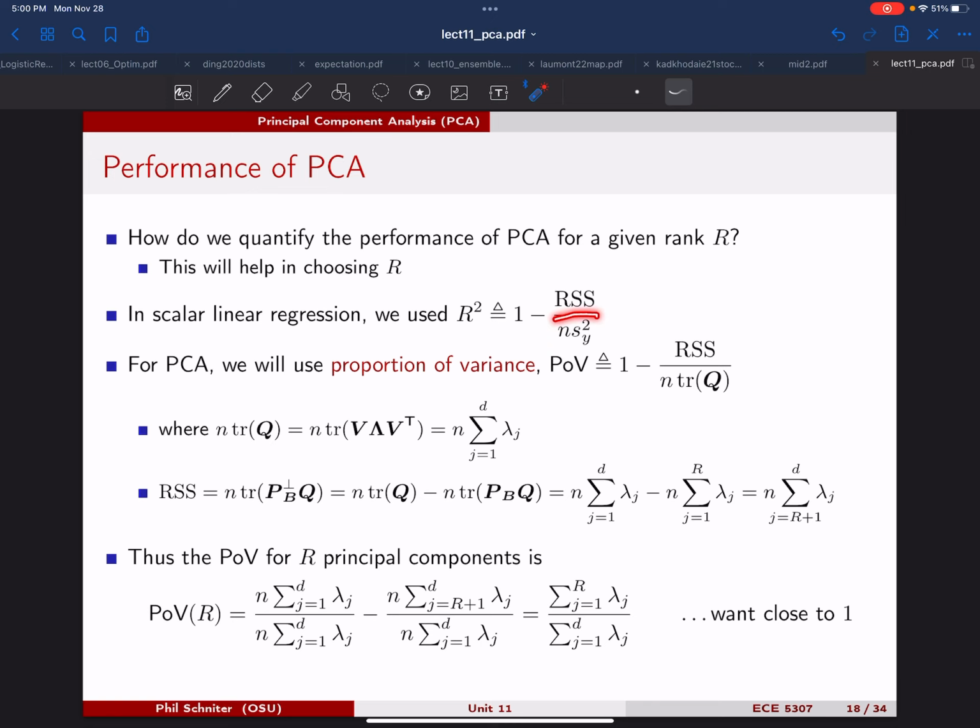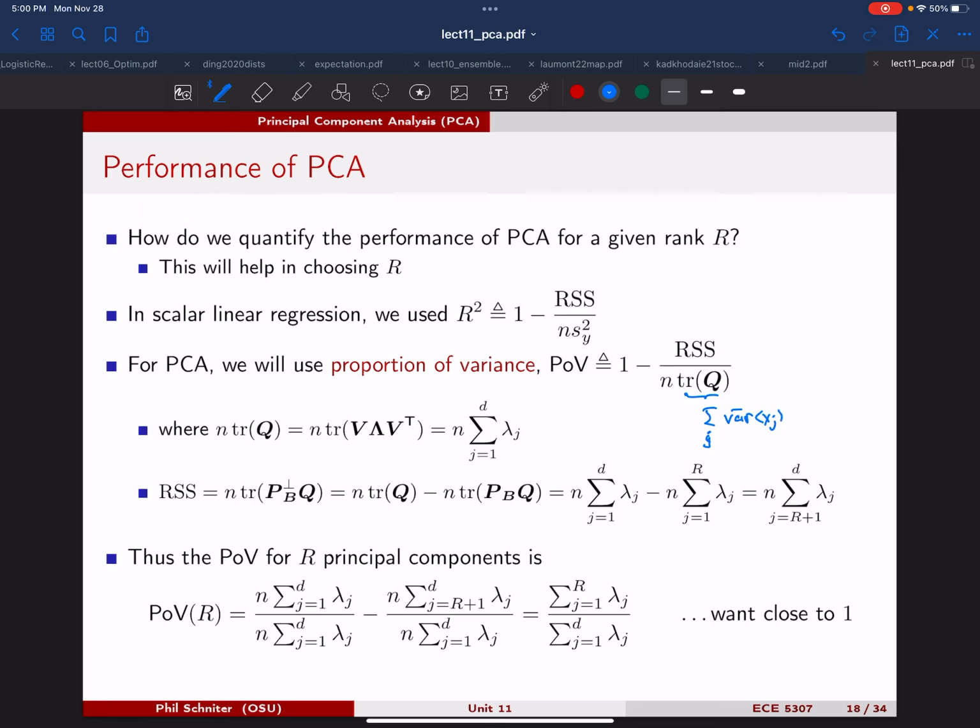The only slight difference is that when we were doing regression, we had labels, and so this s squared y was our label variance. Now we don't have any labels, we just have our data set. But if you look at the trace of Q, that's basically the sum over j of the empirical variance of x_j.